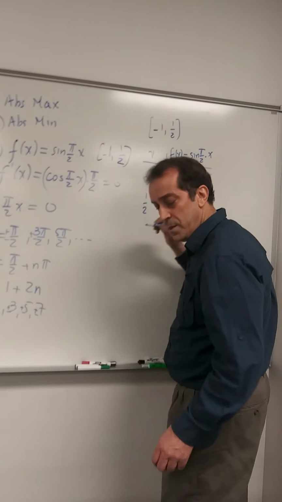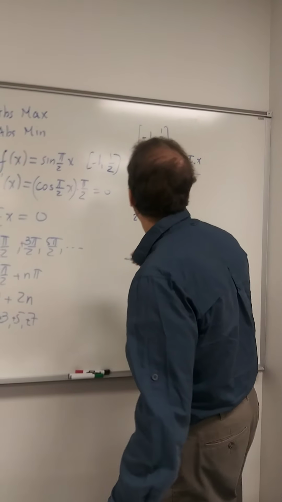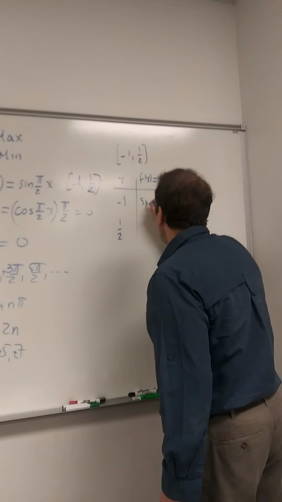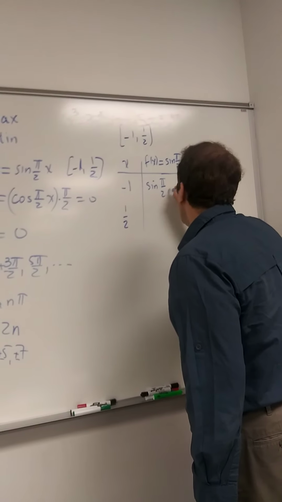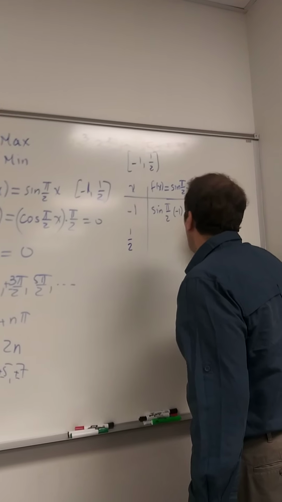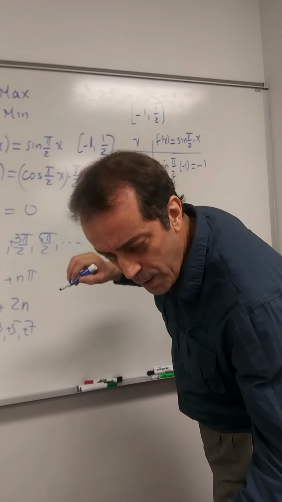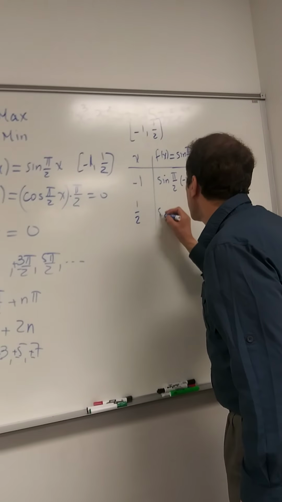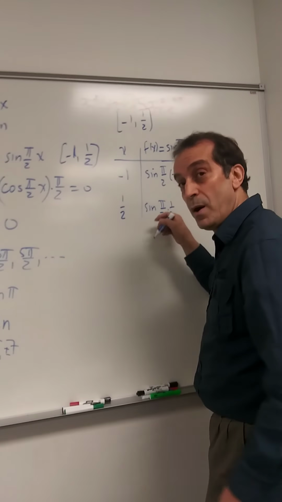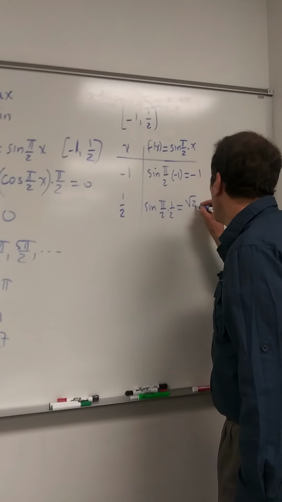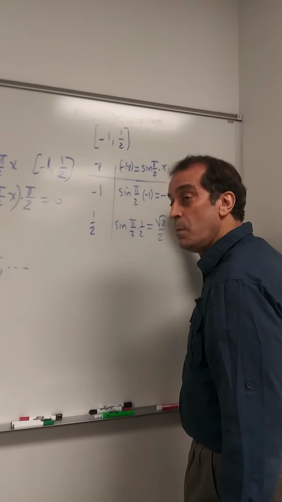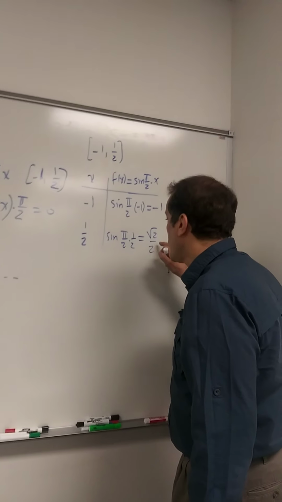I've calculated these. For the first one, when x equals negative 1, it'll be sine of pi over 2 times negative 1, which is sine of minus pi over 2, and that's negative 1. And then for a half, you get sine of pi over 2 times a half, which is sine of pi over 4, and that is root 2 over 2. Okay, negative 1 is the smallest number, root 2 over 2 is the largest number.